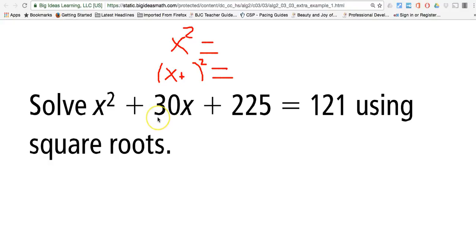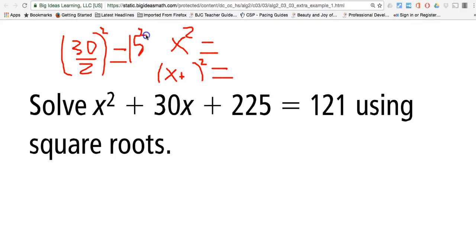Today in class, we saw that if 1/2 of this middle term, so in this case 30 divided by 2, squared, equals c. So in this case, 30 divided by 2 squared is 15 squared.